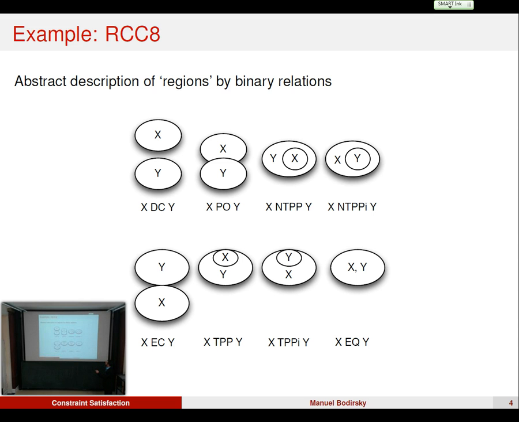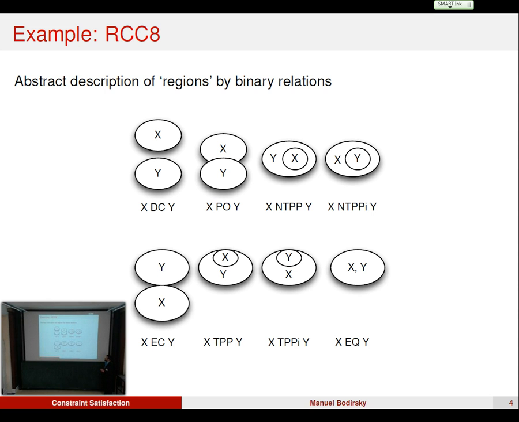PO means proper overlap, so these 2 regions properly overlap. These 2 regions don't properly overlap because their interior is still disjoint. And so they have these 8 relations, that these regions can be contained in each other. These are the exhaustive list of binary relations they want to treat.